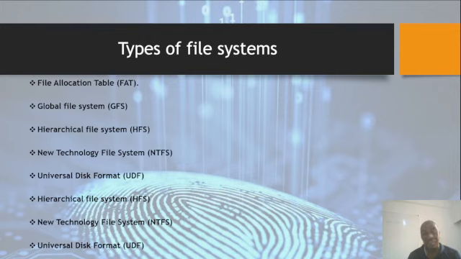In 1977, FAT was created for the floppy drive. Floppy drive is one of the storage devices we were using before. Although it was later modified for use on the hard drive, that is the hard disk, FAT is effective and works with most modern operating systems, although it fell short of more contemporary file systems in terms of performance and scalability.